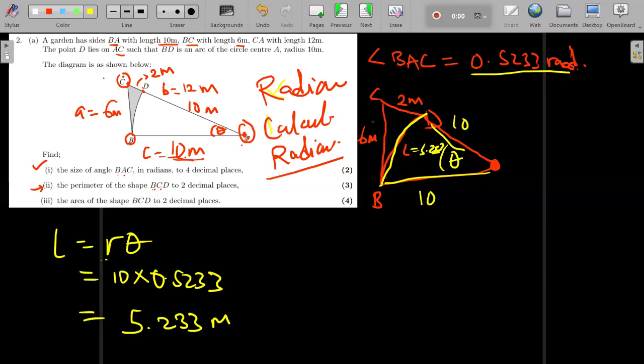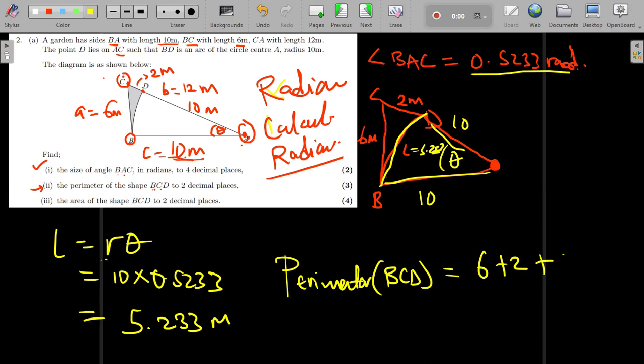So it means we can find the perimeter of that shape. Perimeter is just the total distance around the object, right? So the perimeter of BCD will be equal to 6 plus 2 plus the arc length, which is 5.233.